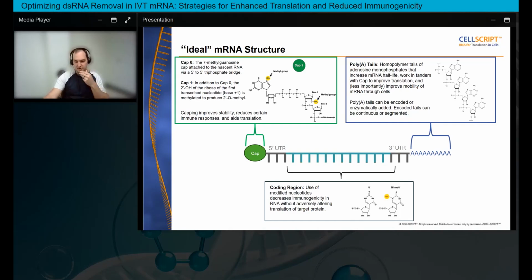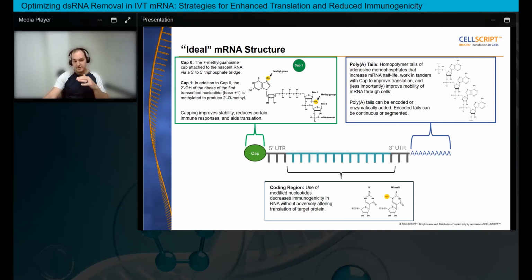And then you'll have a poly A tail on the other end, which can be varying lengths and encoded or enzymatic. Those two together, cap plus tail, make a very, very effective translational complex. And then you'll have your coding region, where the typical industry standard right now is to have a lot of base substitution with either pseudouridine or N1-methyl pseudouridine, which really goes into pretty much every mRNA reaction just for the purposes of reducing immunogenicity.